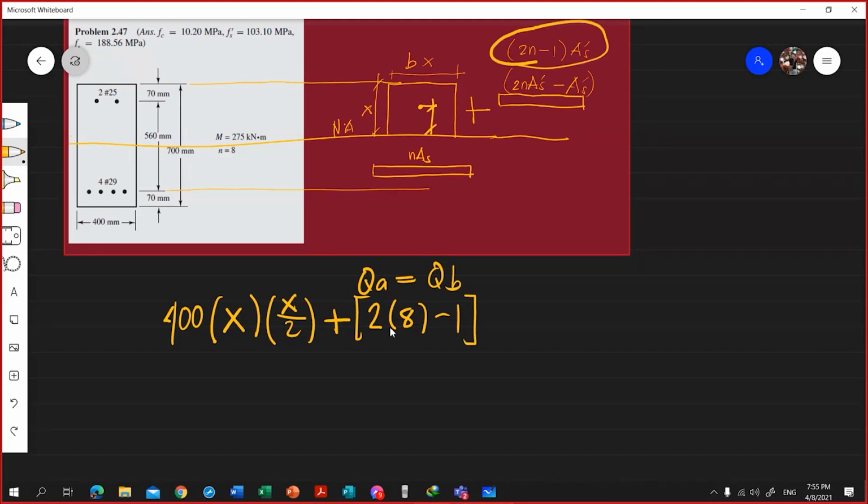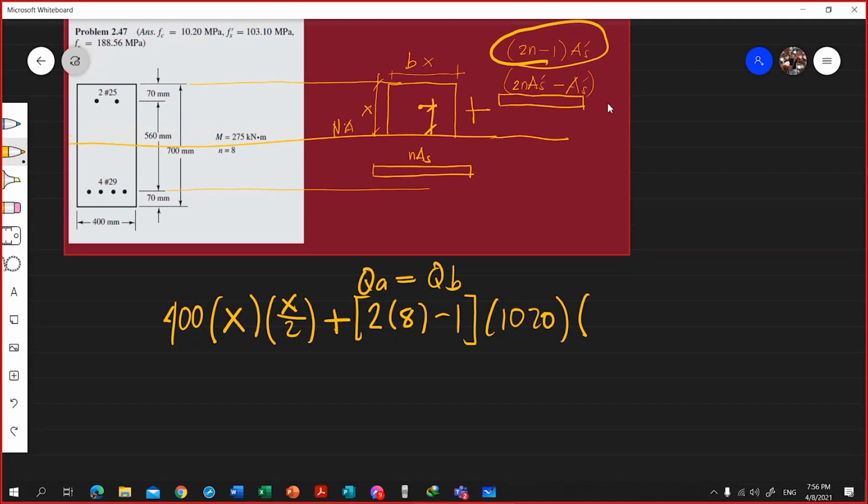I will compute this one. Multiplied by As prime. Our As prime is 1020. Yes, 1020. I wrote it here. Our As prime is 1020, which we solved earlier. Multiplied by the distance of this area to the neutral axis.